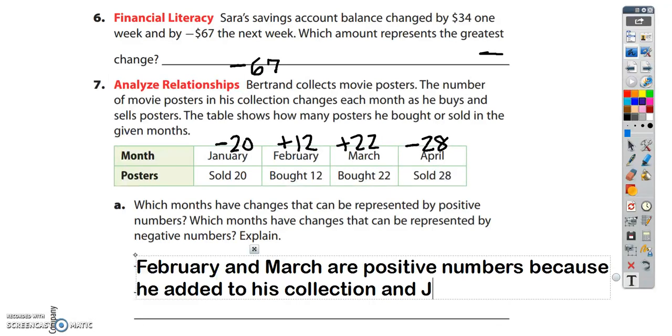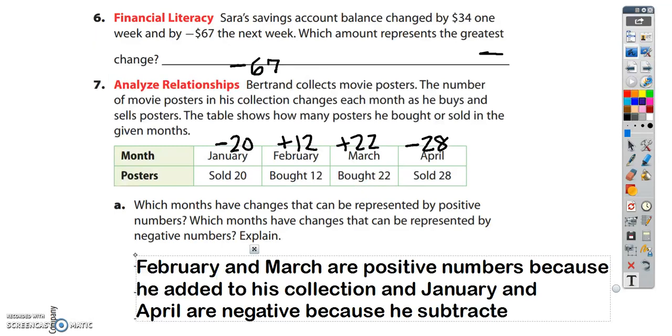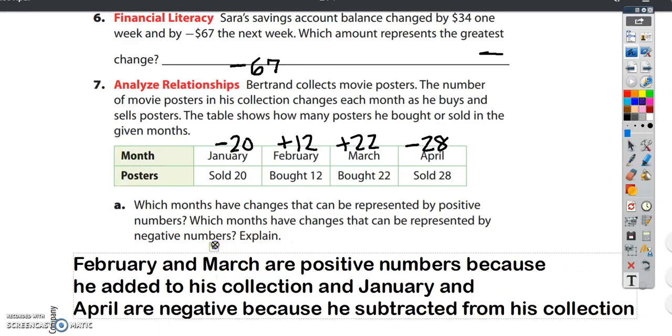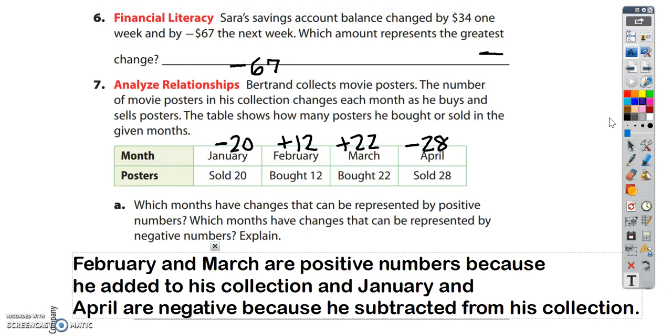And January and April are negative because he subtracted from his collection. That's a decent answer right there. February and March are positive numbers because he added to his collection. January and April are negative because he subtracted from his collection.